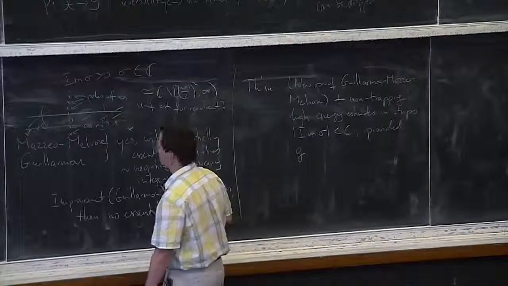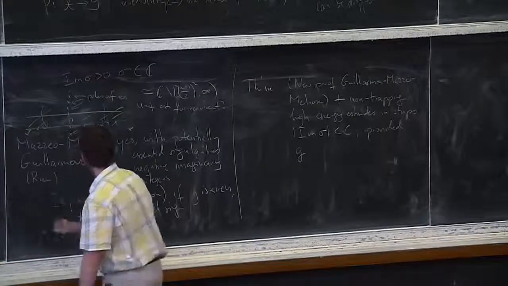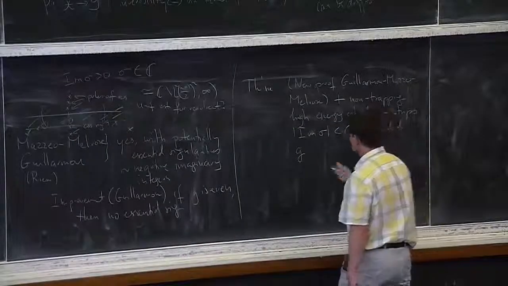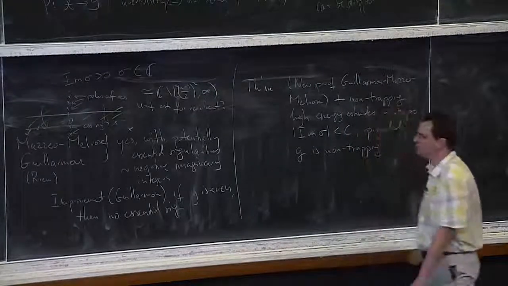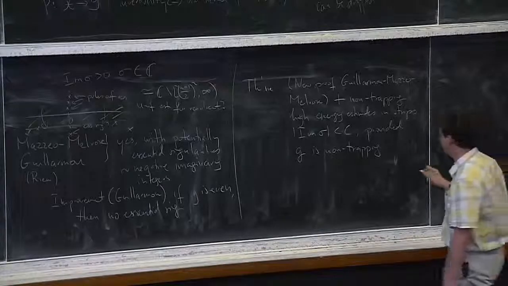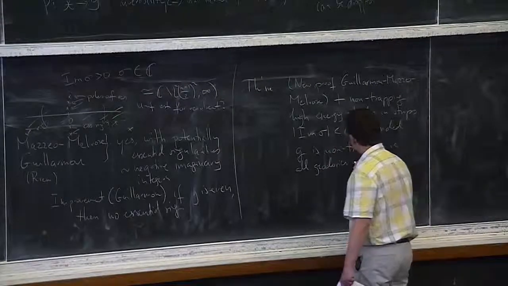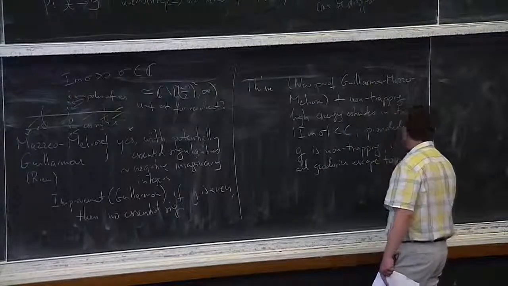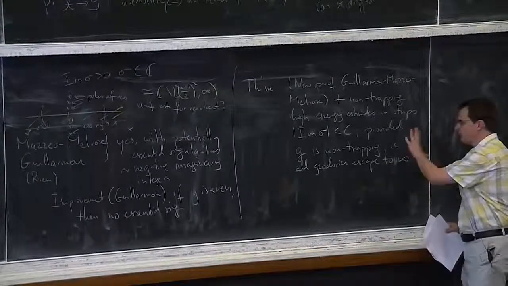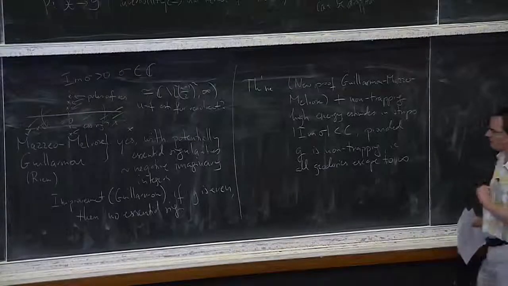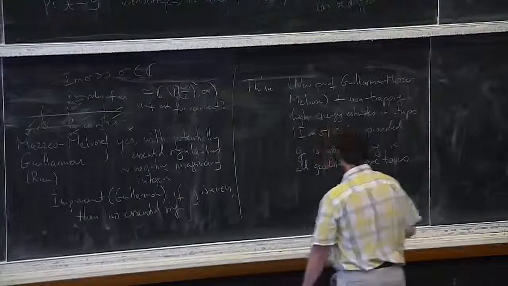This is in the Riemannian setting, provided g is non-trapping, i.e. all geodesics escape to infinity. So that's sort of the output of the framework I'm starting to put this operator into.